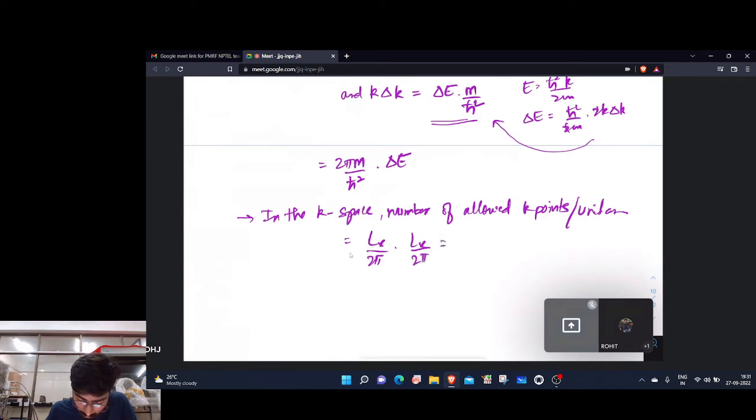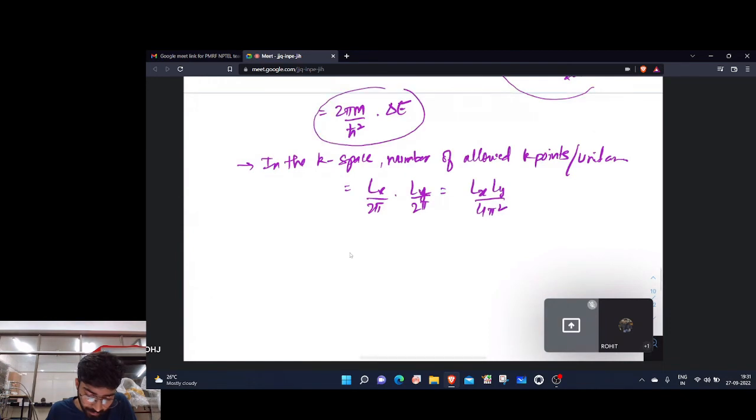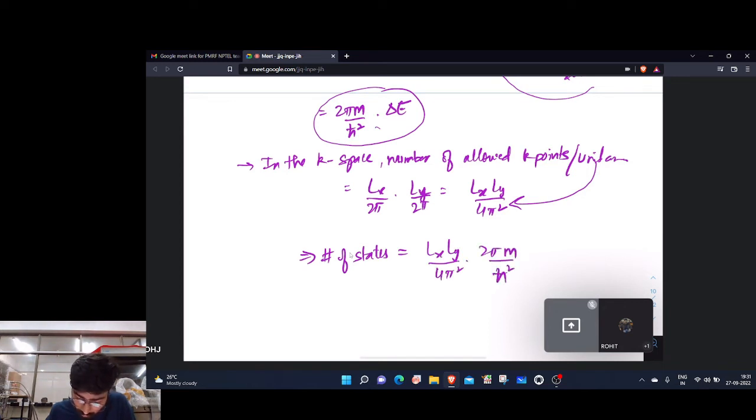Sorry, this will be x. So Lx Ly divided by 4 pi squared. These are the number of allowed k points per unit area, and we have this area. So in unit area we have Lx Ly by 4 pi squared k points, and in this area, by the unitary method, we can find the total number of states would be Lx Ly over 4 pi squared into 2 pi m by h cross squared into delta E.